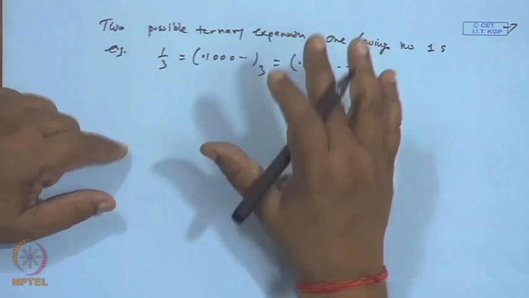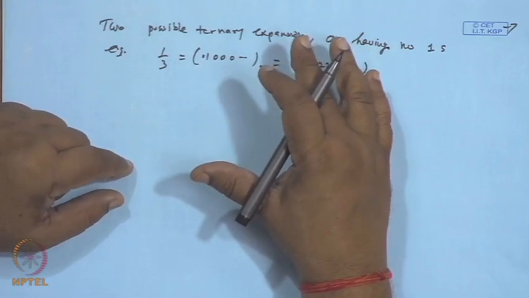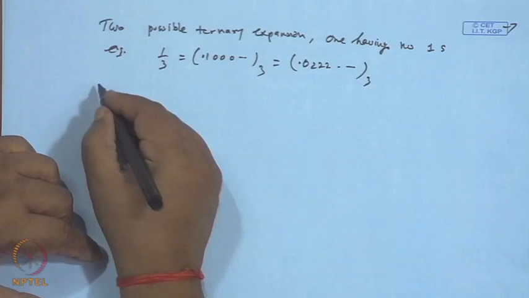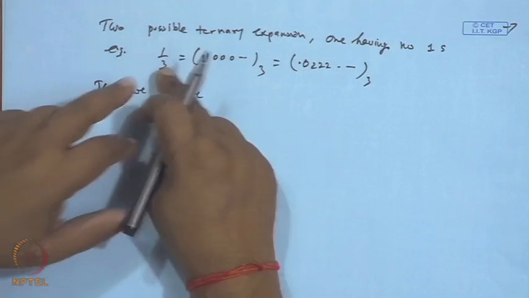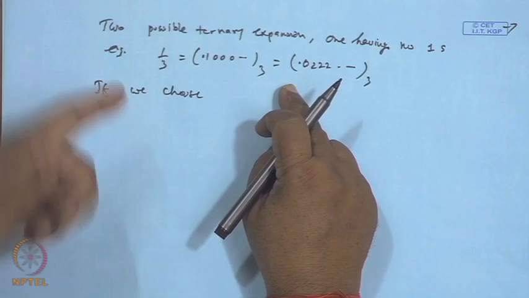So, what we want now is to choose that expansion. These endpoints are in the Cantor set.